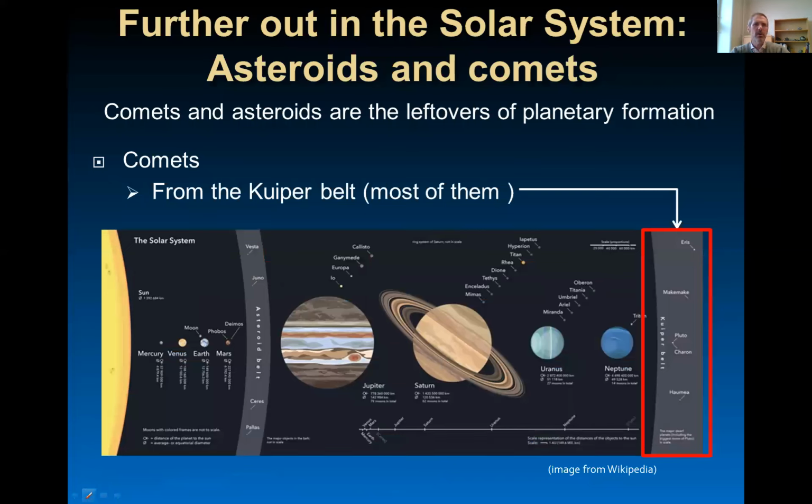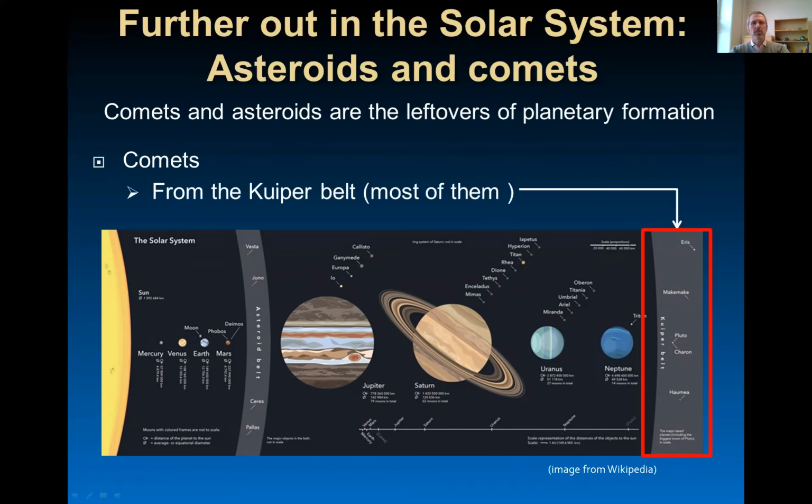Now we can go further out in the solar system, and that is comets and asteroids. They are the leftovers of the planetary formation. If we look at the comets, first they come from the Kuiper belt, which is an asteroid belt here beyond Neptune.